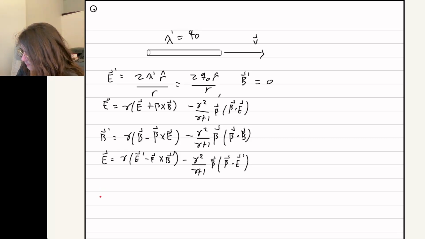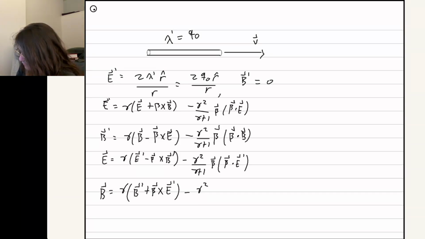And then for B, you'll have gamma B prime plus beta cross E prime minus gamma squared over gamma plus 1 beta times beta dot B prime. Right.